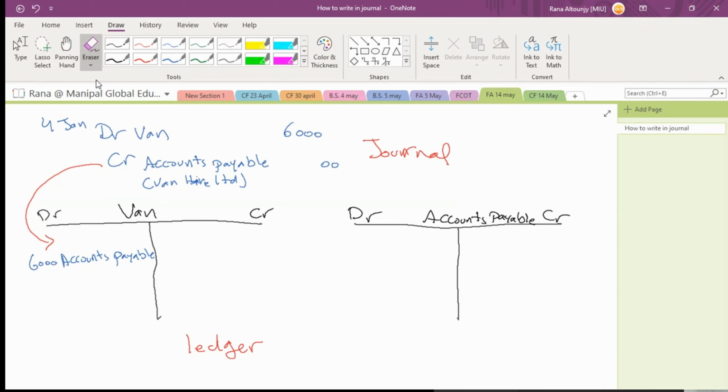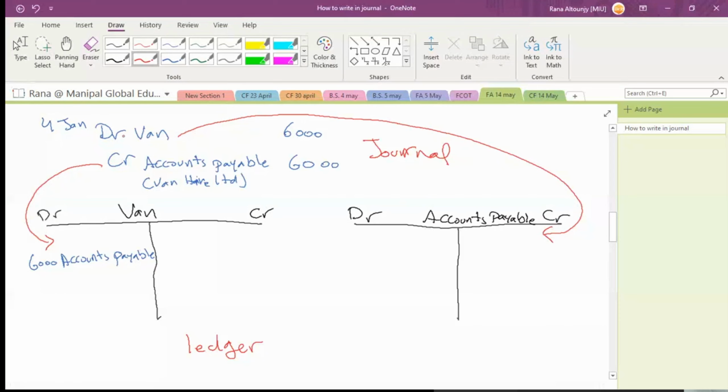So what do we transfer? This one was 6,000. So we transfer the van to the credit side of the accounts payable. Why did we decide on the credit side? Because the accounts payable is already on the credit side, so we have to write on its credit side. What should we write on its credit side?